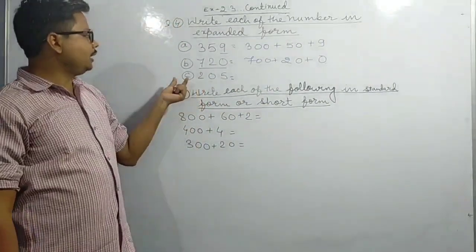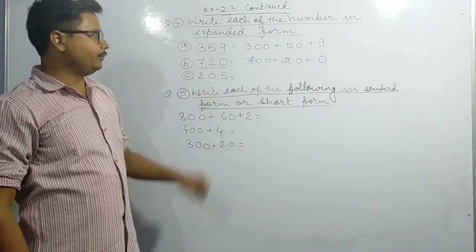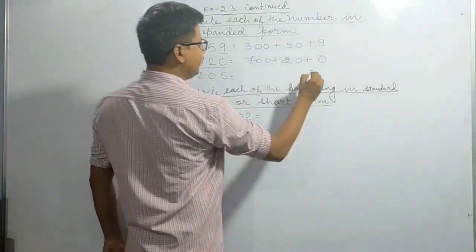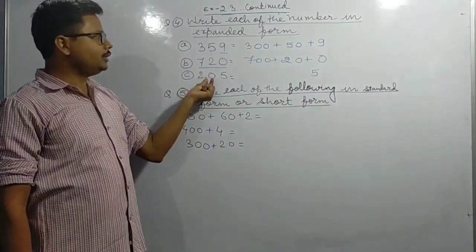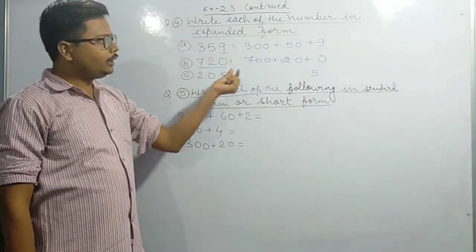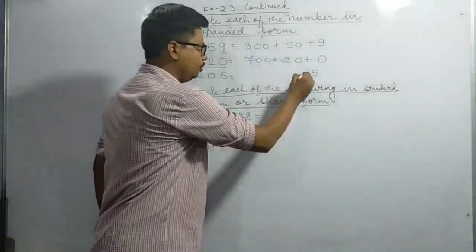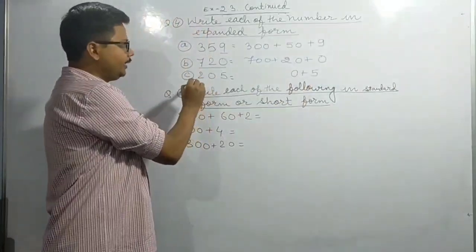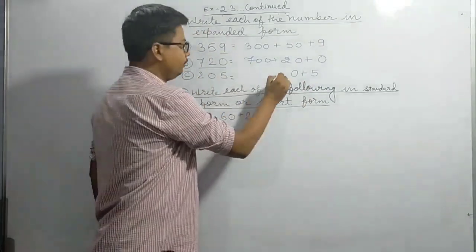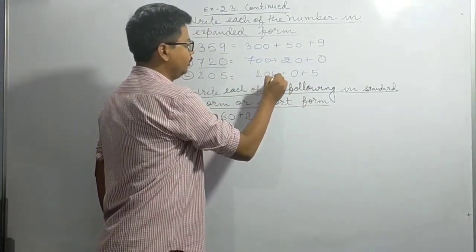Now let us see question number C. 205. Ones place 5 is there, so we will write 5. In tens place it is 0. So either you can write 0 like this, and then our hundreds place is 2, so it will become 200.